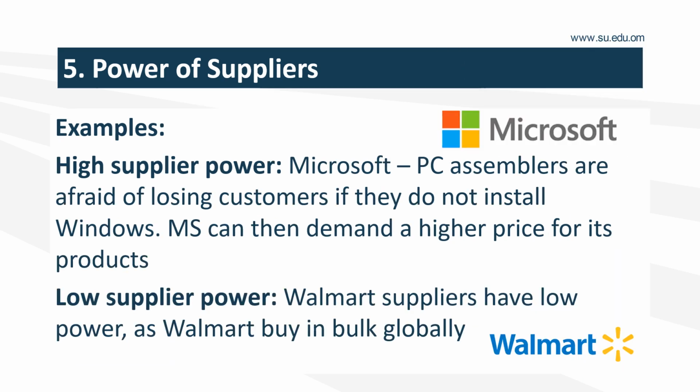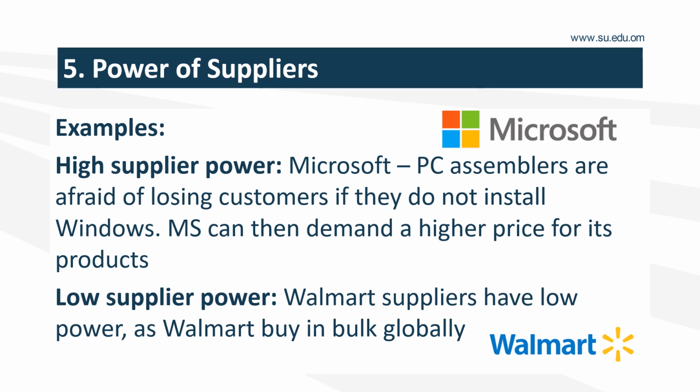So for examples here, you can see Microsoft. Microsoft is an example of high supplier power. PC assemblers are afraid of losing customers if they do not install Windows. So Microsoft can then demand a higher price for each product.